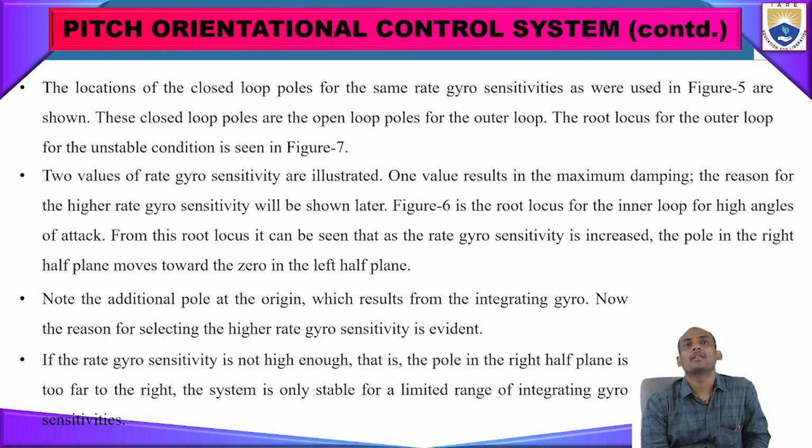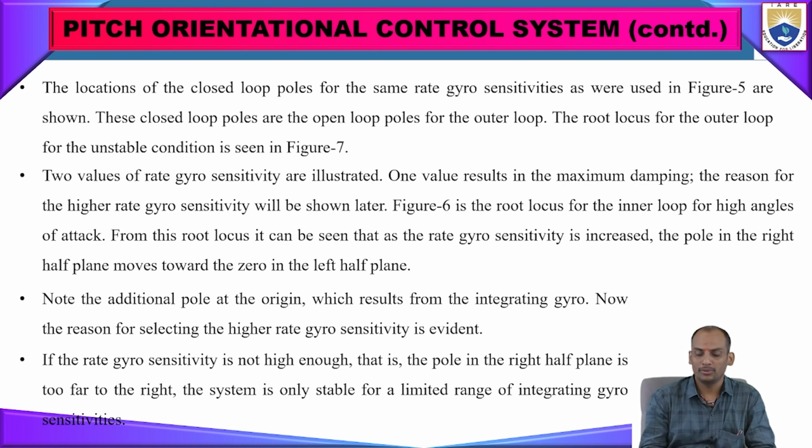Two values for rate gyro sensitivity are illustrated there. One value results in the maximum damping region for the higher rate gyro sensitivity, which will be shown in figure 6.